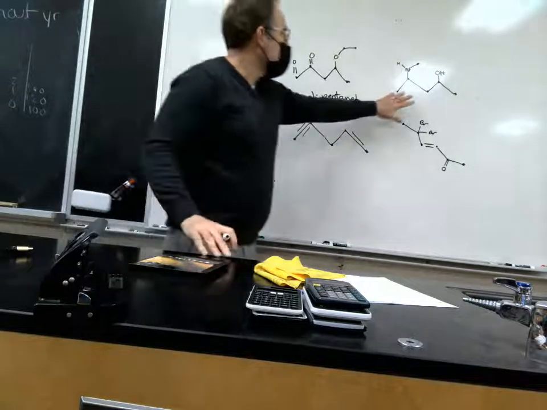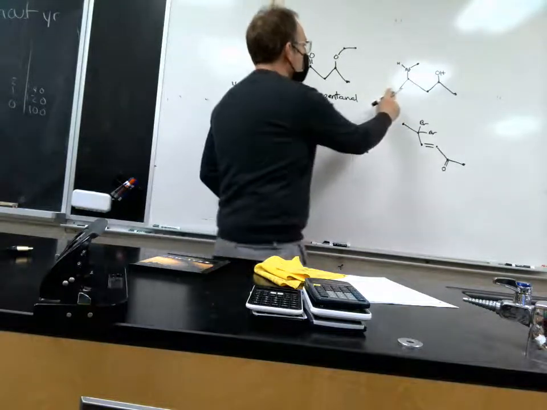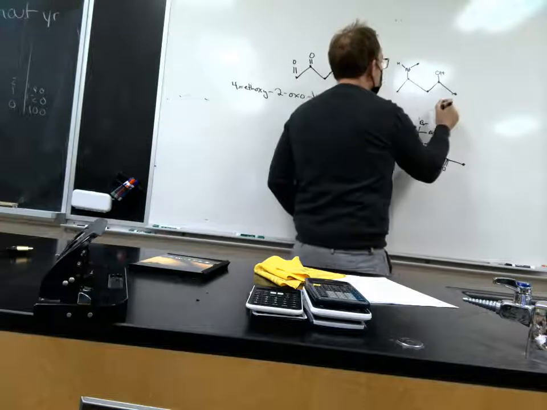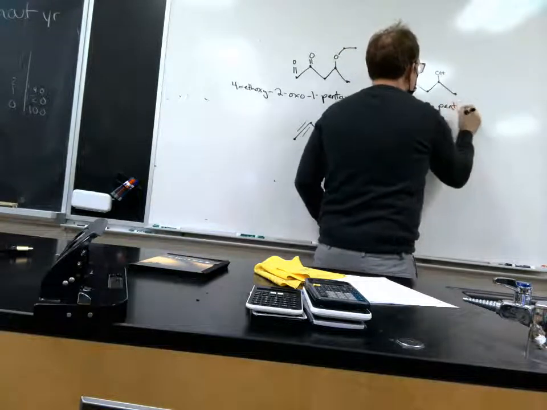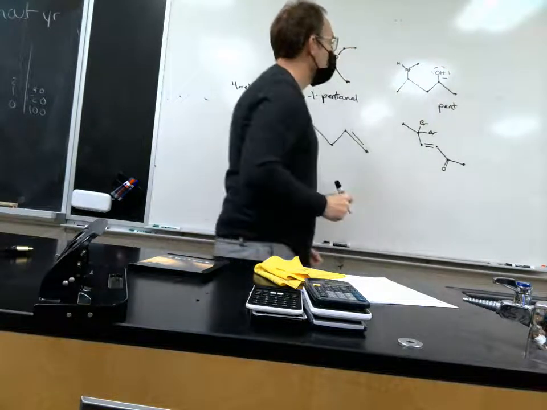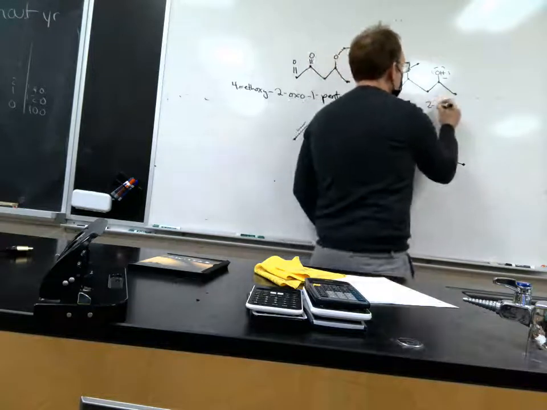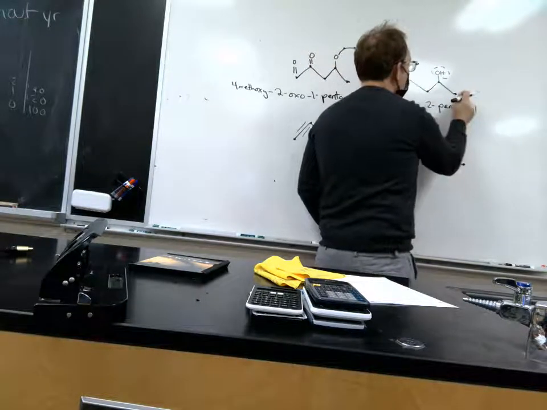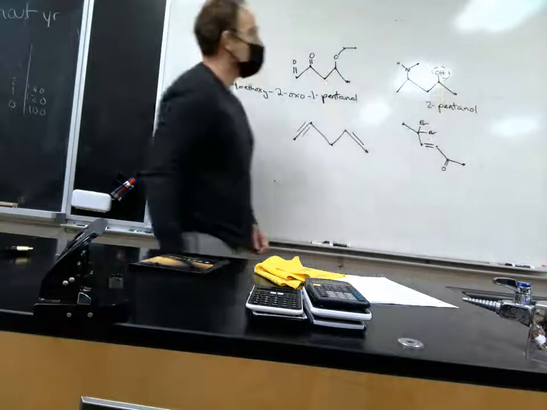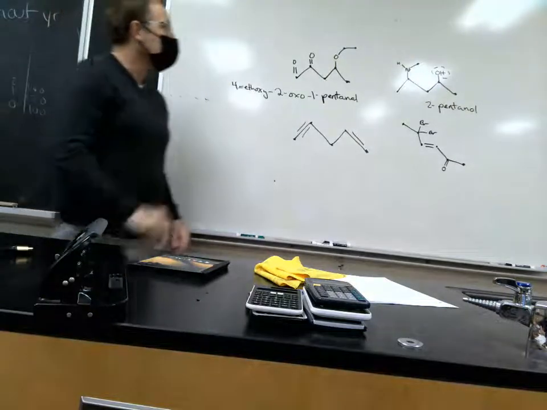Okay, same thing here. Longest chain. 1, 2, 3, 4, 5. It's a pent. Find your highest ranking functional group. It is a pentanol. So start counting from the end closest to the highest ranking functional group.